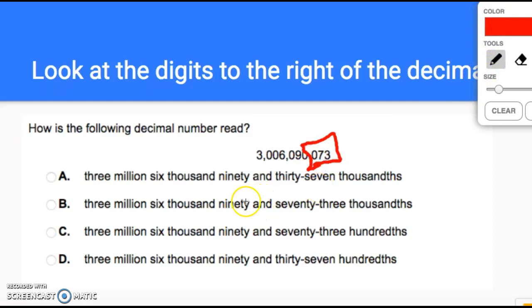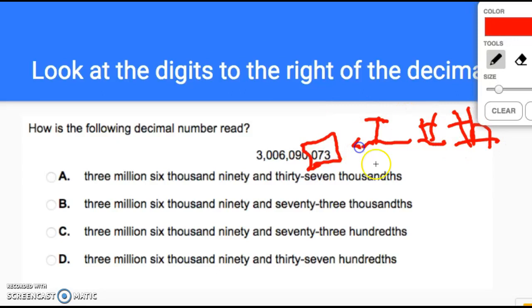Look at that. How many places are to the right of the decimal? There's 1, 2, 3. And we go back and look at our chart, the 3 places over to the right, this one was our tenths. One more place over was hundredths. And then the next place over was the thousandths.